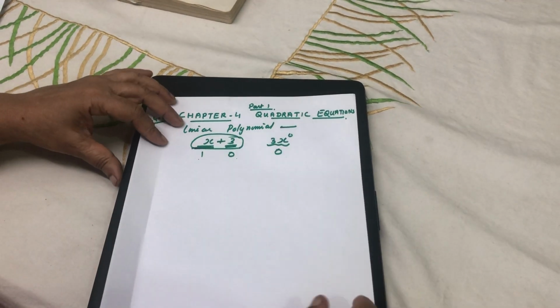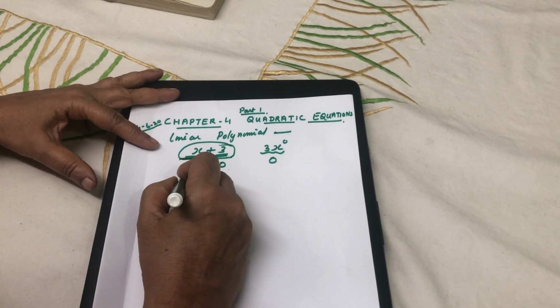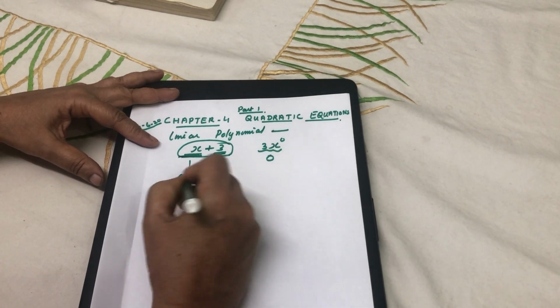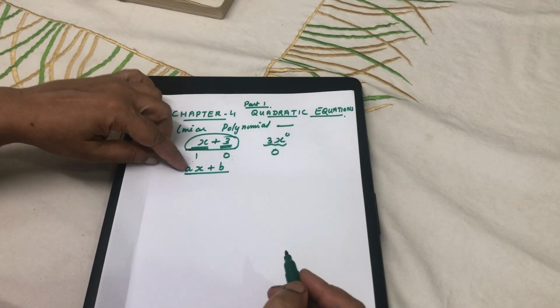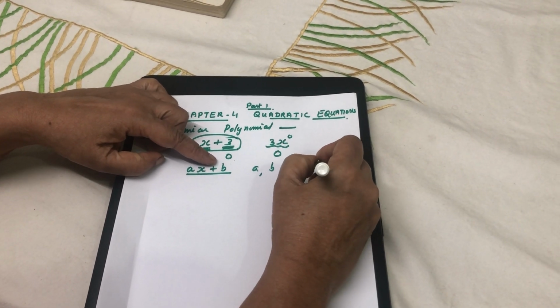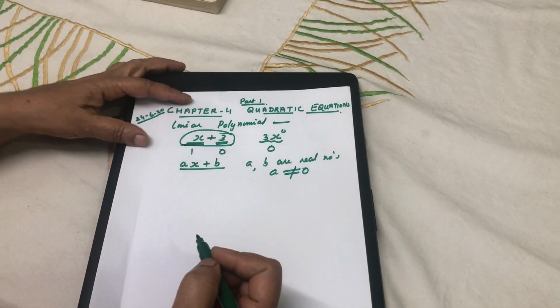I have taught you the general form of a linear polynomial. The general form of a linear polynomial is ax plus b, where a and b are real numbers and a is not equal to 0.